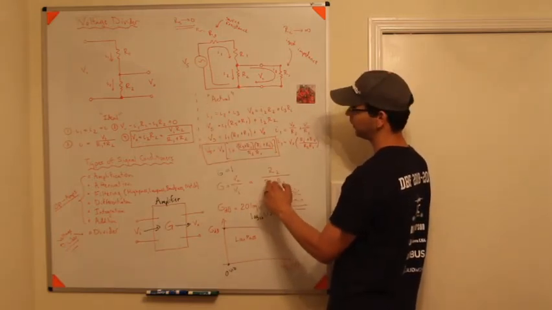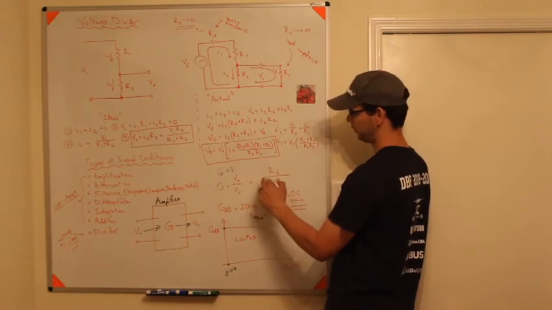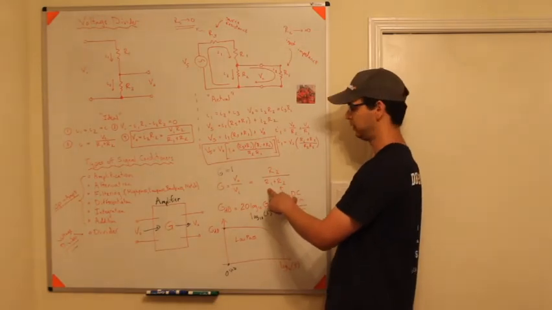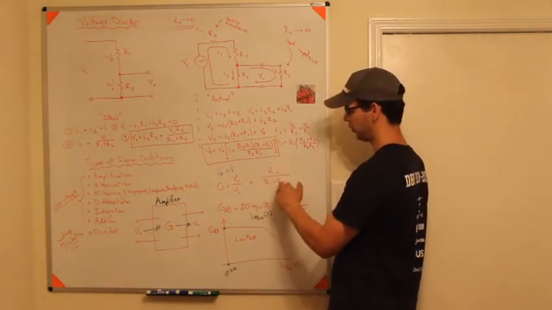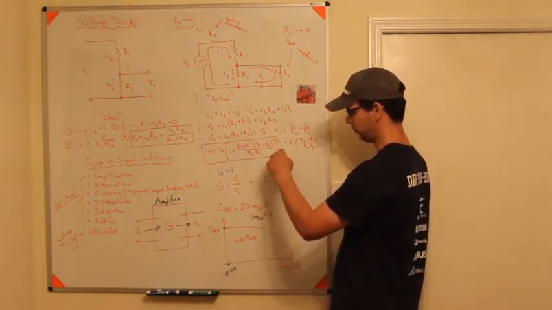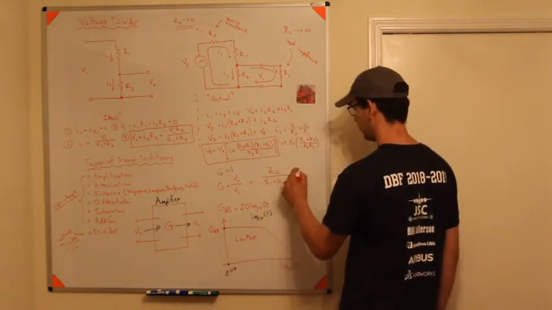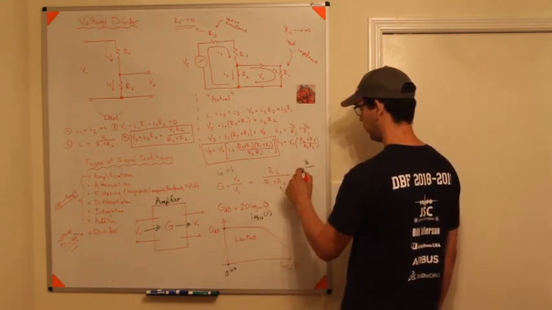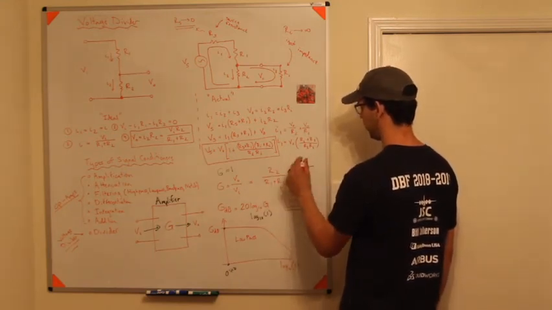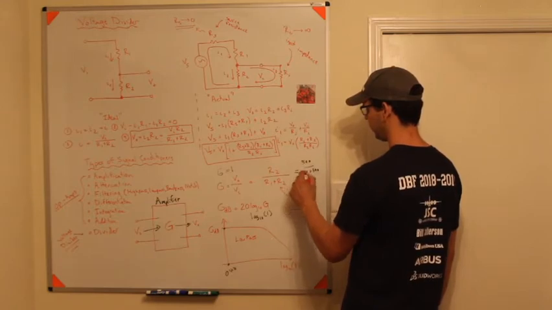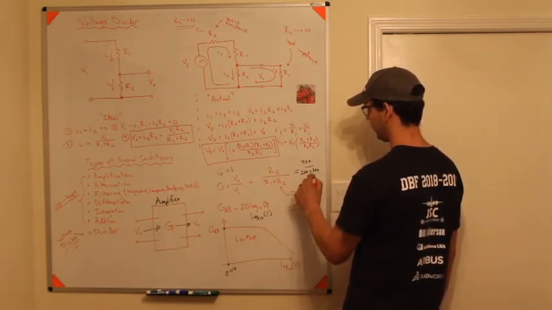As long as R1 is positive, which makes sense, I've never seen a negative resistance, your voltage is going to get divided by this relationship here. So if R2 were 300 ohms and R1 was 200 ohms, you would do 300 over 200 plus 300, which would be 300 over 500, which would be 3/5.